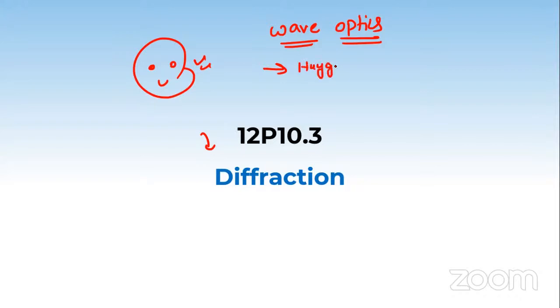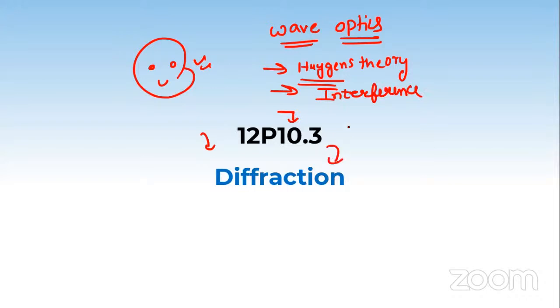Next, we have seen interference. Interference had many subtopics: Young's double slit, single slit, coherent, incoherent, all of which we have revised now. So now it's time to start the new thing, that is diffraction.